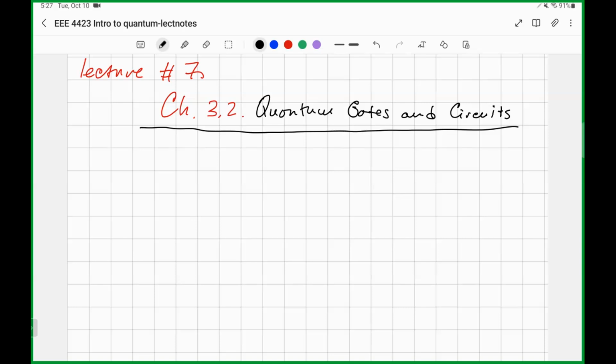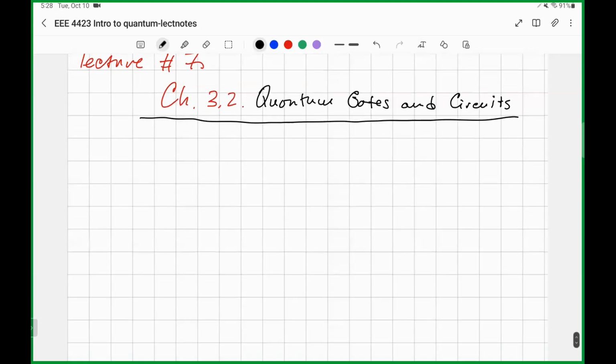And these elementary computations are named gates. If you're familiar with classical computation theory, this is exactly the same terminology. You just add this word quantum before gates, before circuit, and before algorithms.